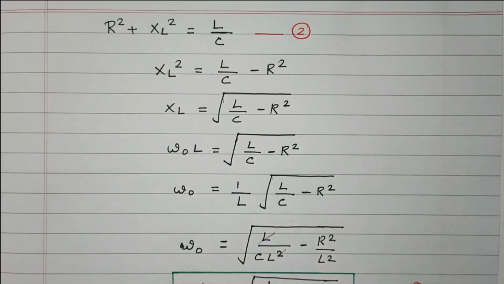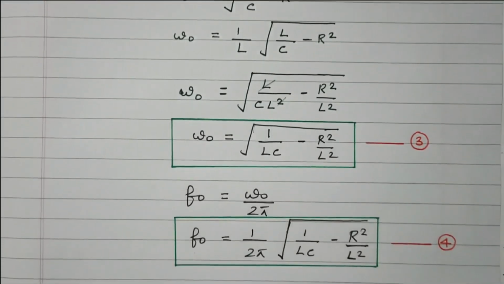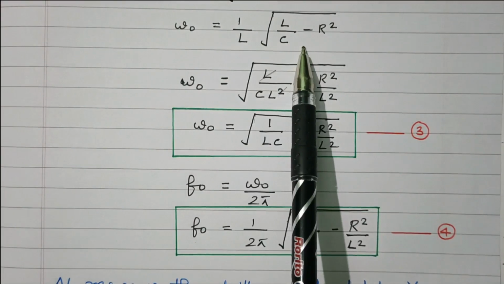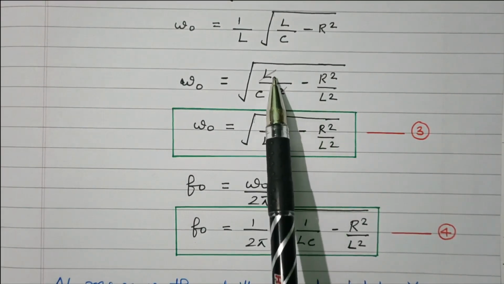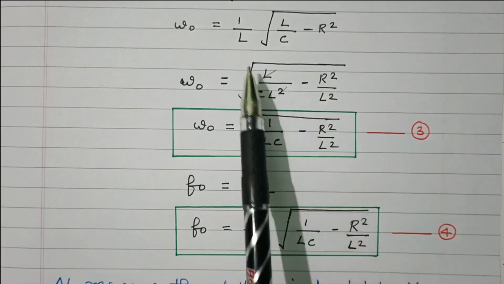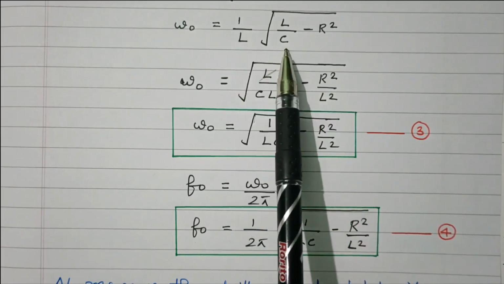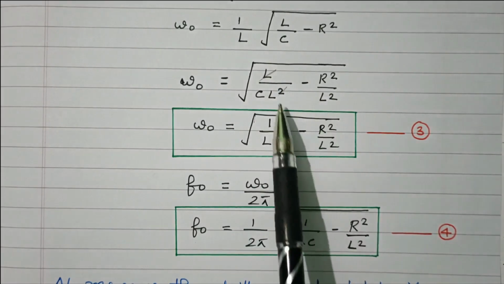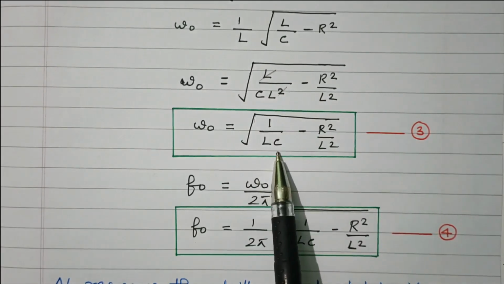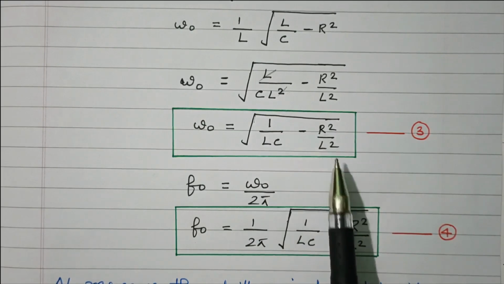Now we'll go for the further simplification. Now bring this 1 by L inside. So it becomes 1 by L square. So L divided by C into L square, minus R square by L square. This 1 divided by L goes inside, meaning it becomes L square, so one L gets cancelled here. So 1 divided by LC minus R square by L square.